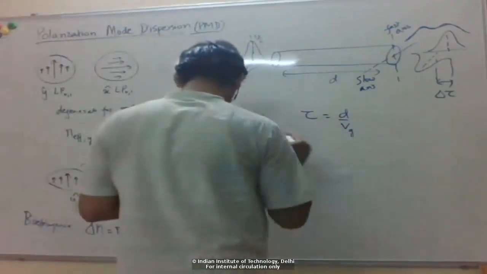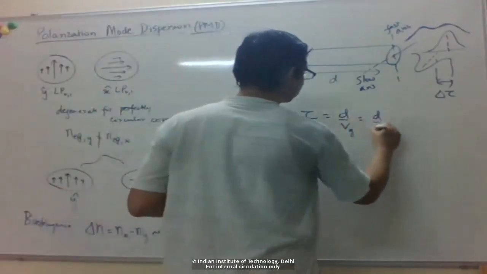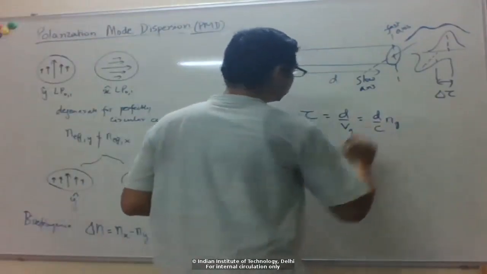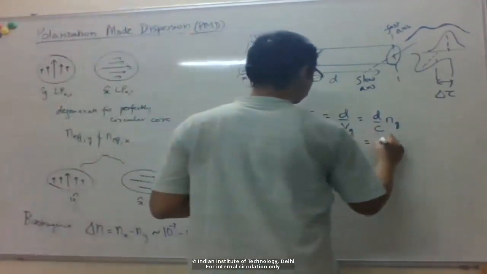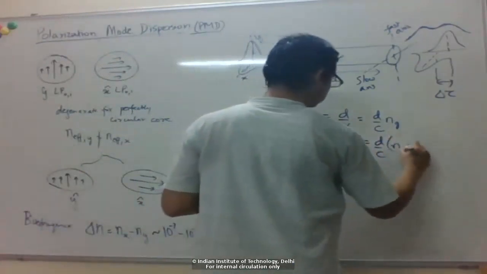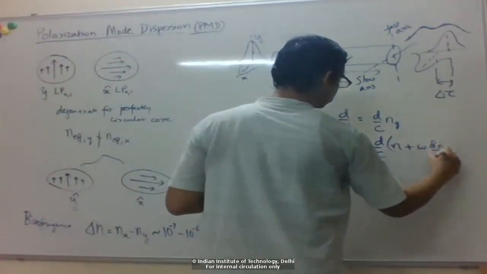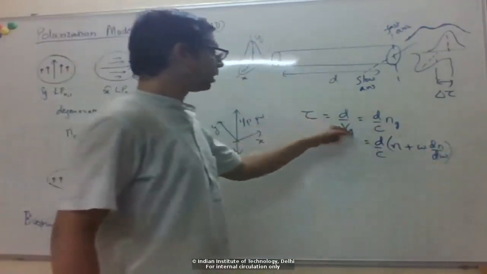So we write this as group velocity is c over the group index, and the group index we know, we write this as... this will be for both the x and y components.